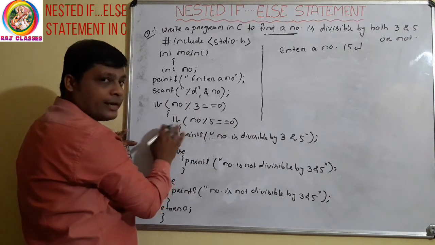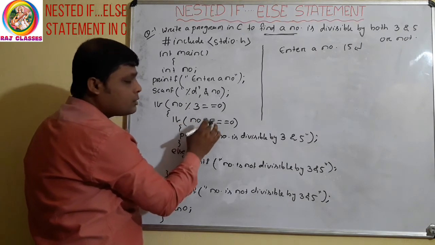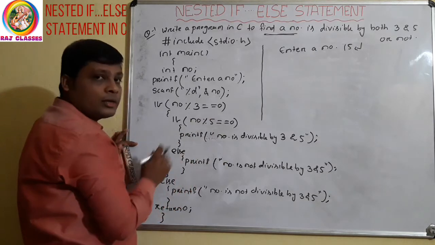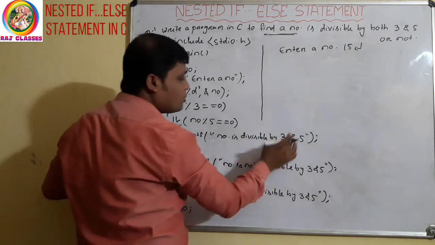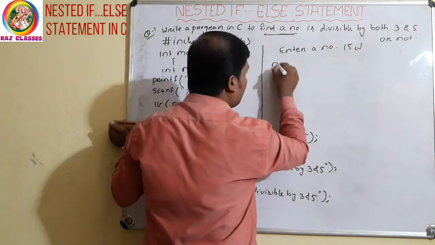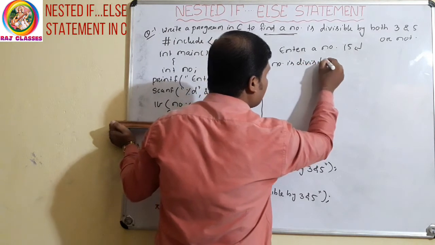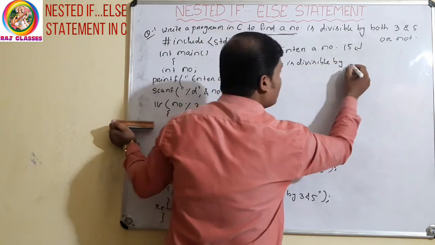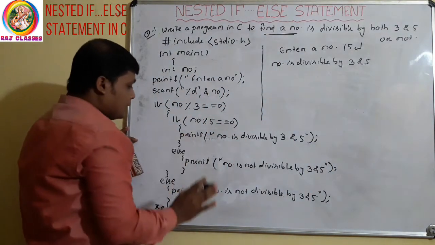Then it will go inside this if. Again it will check if number % 5 == 0 or not. Yes, it is true. So it will print "Number is divisible by 3 and 5". Understood?